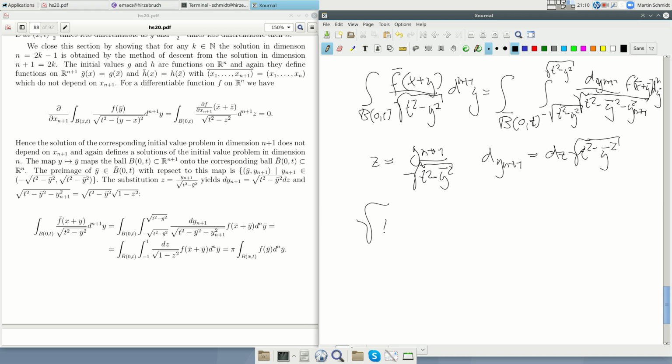Now we have to calculate the square root of t square minus y bar square minus yn+1 square.